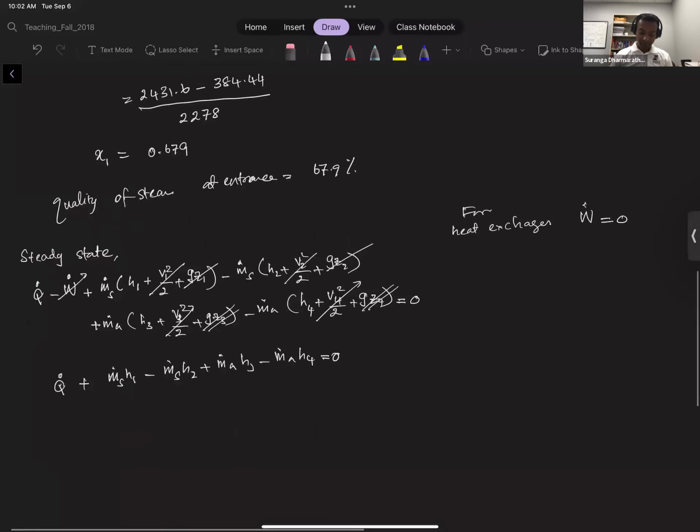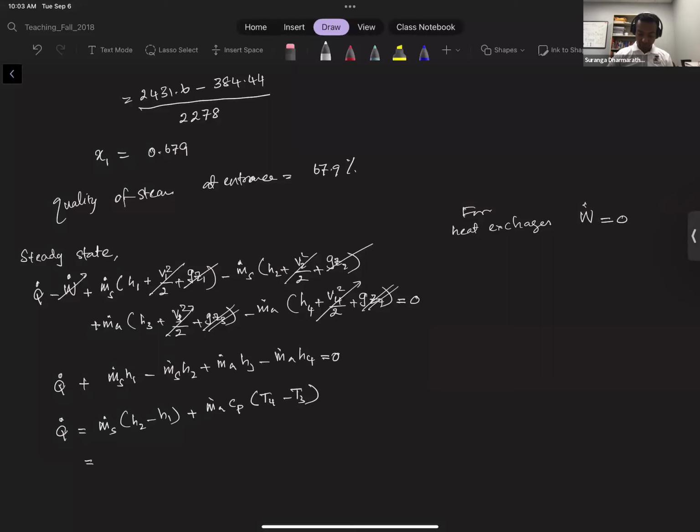Now h1 is already given, and we can find h2. m dot s is given, m dot a is given. So we have Q dot is equal to m dot s (h2 minus h1) plus m dot a Cp (t4 minus t3).